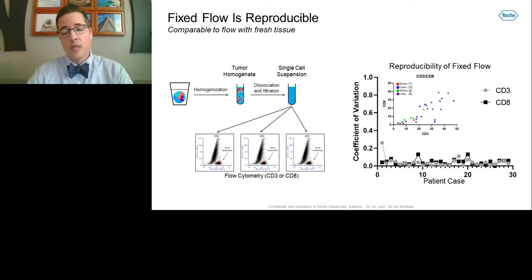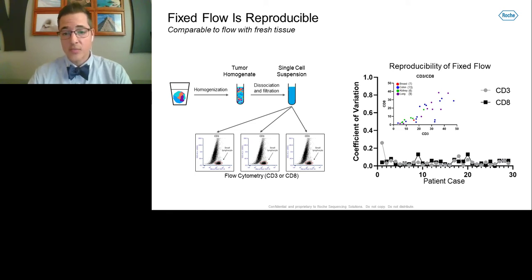And if you look on the figure in the inset with the colorful dots, what we've done here is essentially looked at the biological relevance of the data, making sure that we're not wildly off, as CD8 is a component of CD3 positive cells. We certainly don't want to see a bunch of CD8 positive cells and very few CD3 positive cells. And what you can see here is that the data that we're collecting looks very similar to what data should look like when you look at CD8 and CD3.